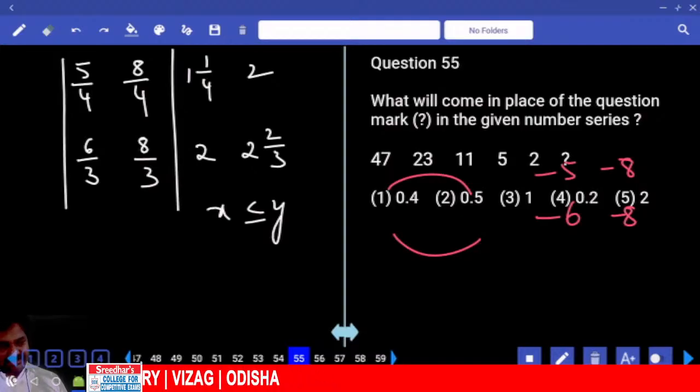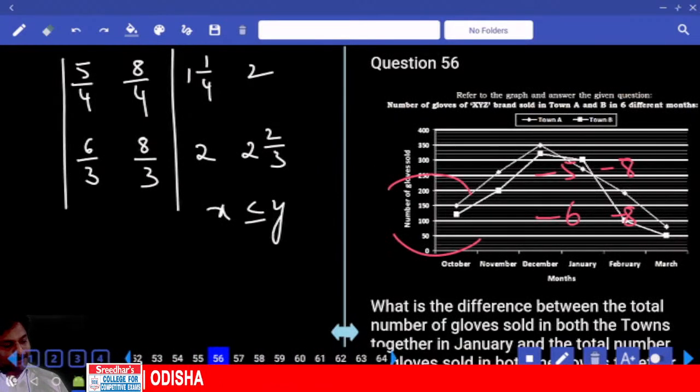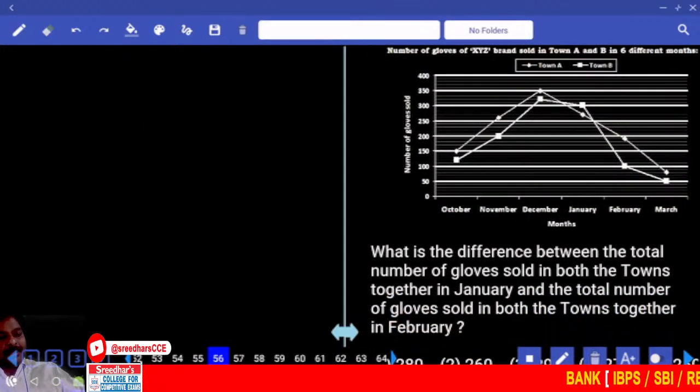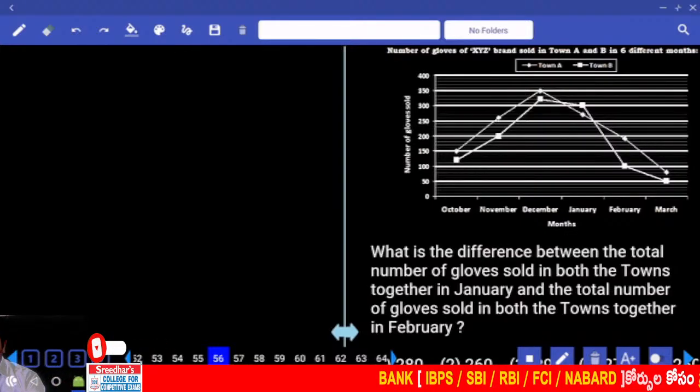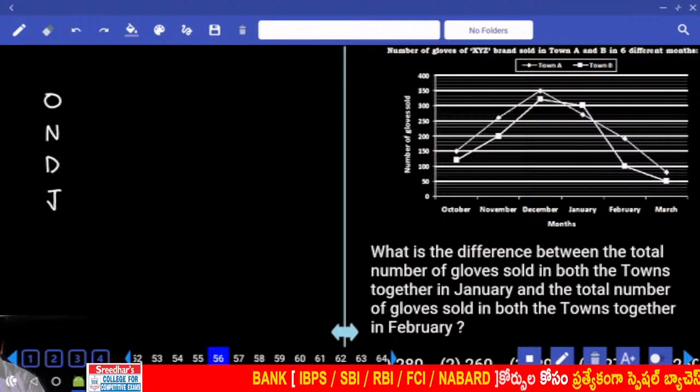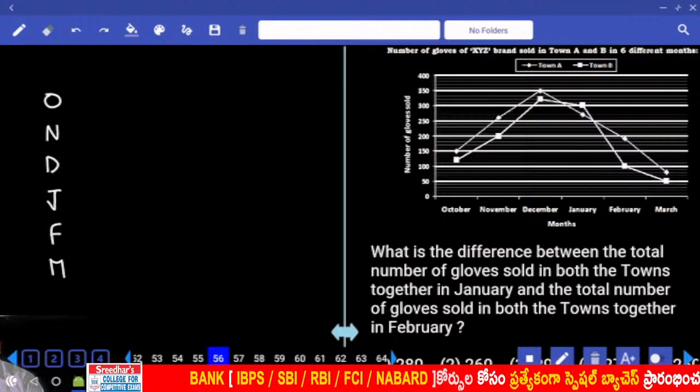Missing number series. Number of gloves of XYZ brand sold in town A and B in 6 different months: October, November, December, January, February, March.